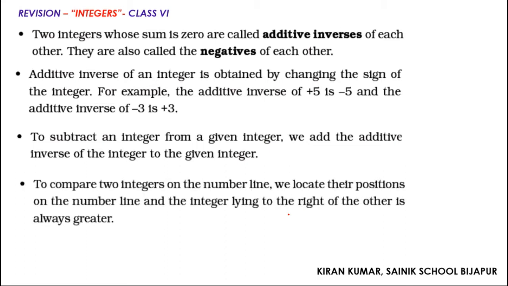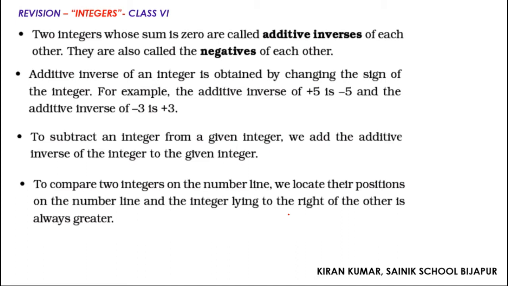To compare two integers on the number line, we locate their positions on the number line and the integer lying to the right of the other always will be greater. These are the key points and the important results in this chapter.